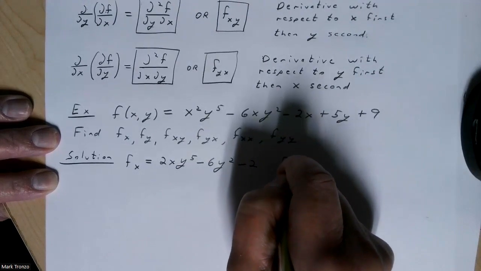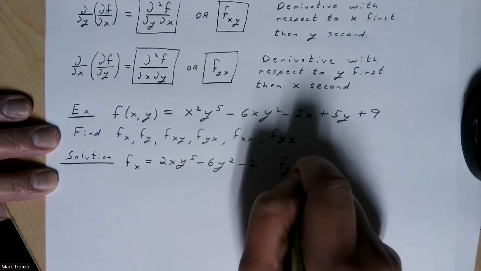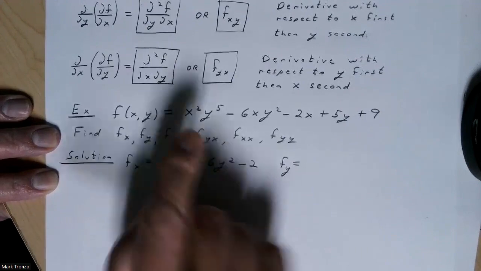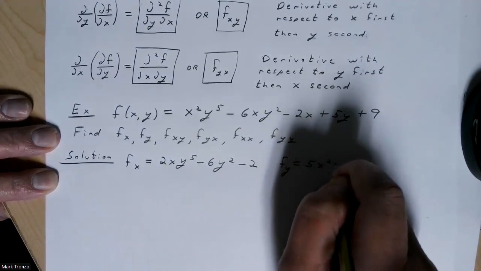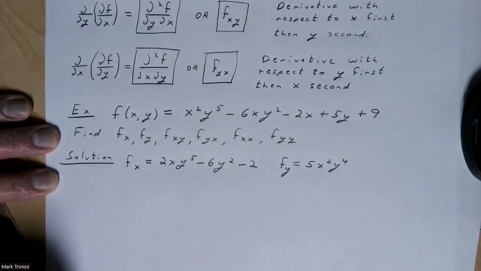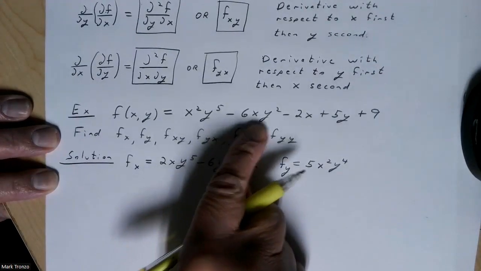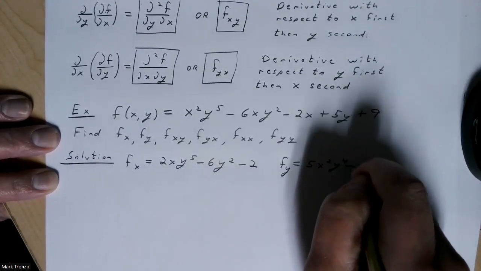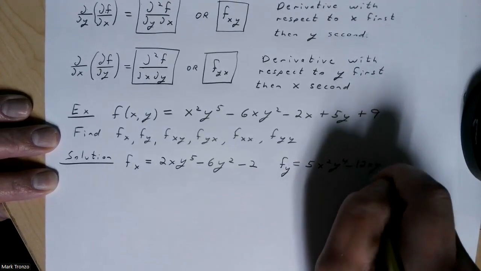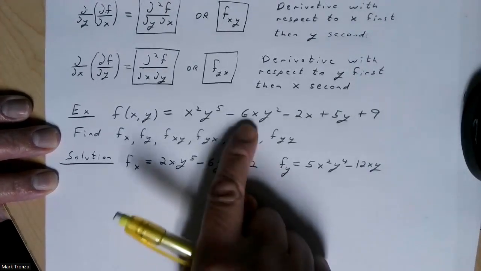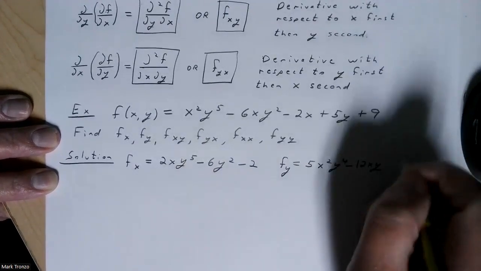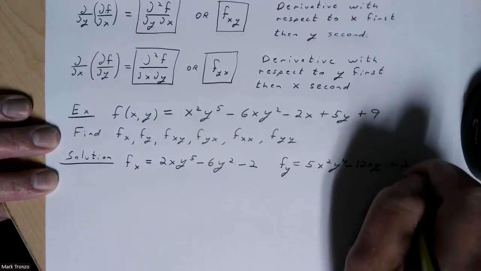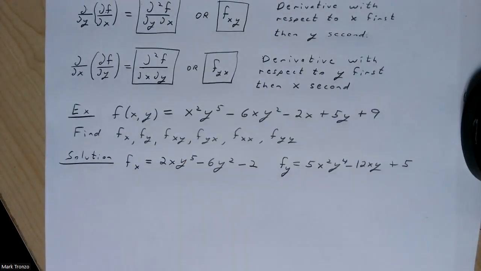And let's take the derivative of our function with respect to y. This is going to be 5x squared y to the 4th. This is going to be minus 12xy. That's going to be 0. That's going to be 5. Like this.